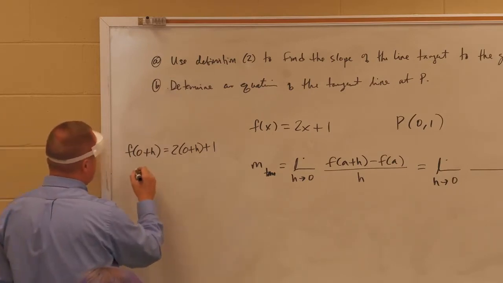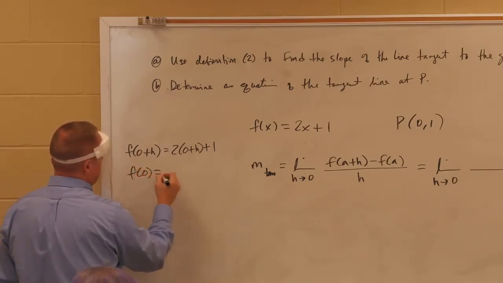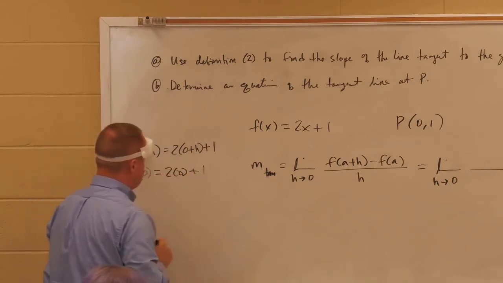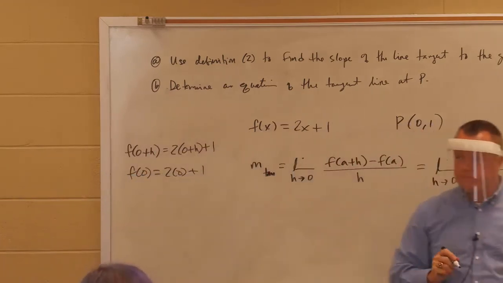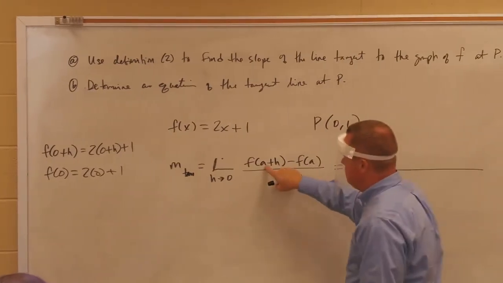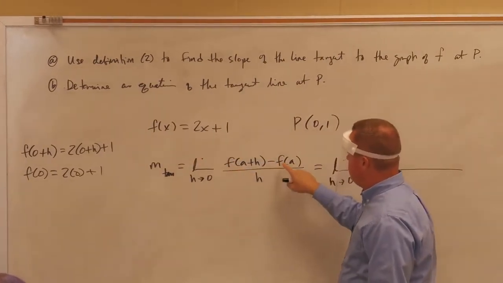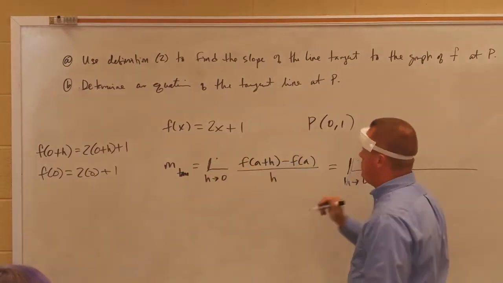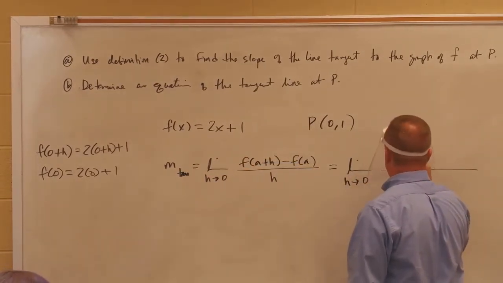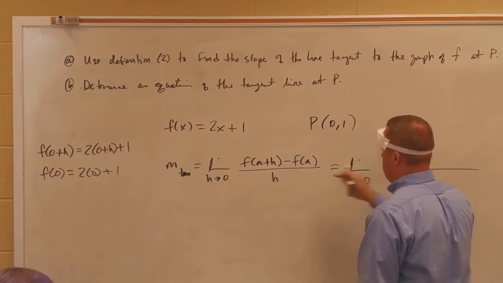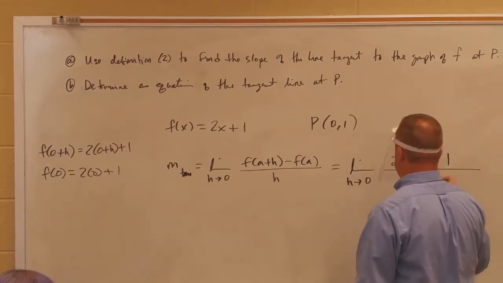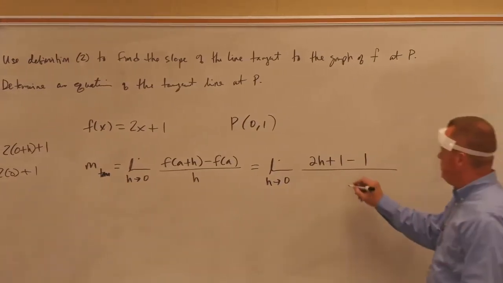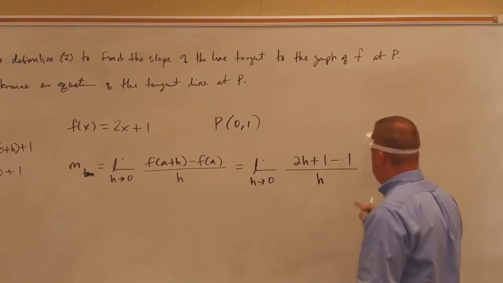F of a is f of 0, that will be 2 times 0 plus 1. So here I put the top one, minus here I put the bottom one. That will be 2h plus 1 minus f of a, which is just 1, and then h on the bottom. Everybody follow that?